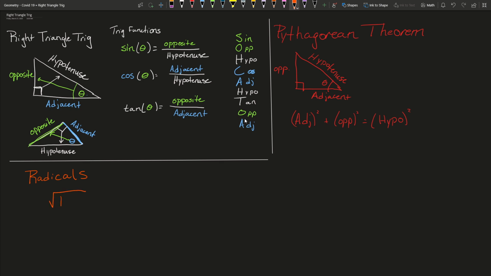So square root of 12. We can rewrite the square root of 12 as the square root of the factors of 12. If we pick a couple of different factors, we want to pick the one with a perfect square in it. So down here, we'll do factors of 12.